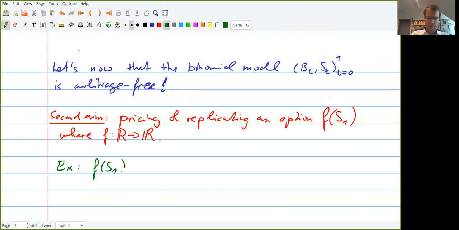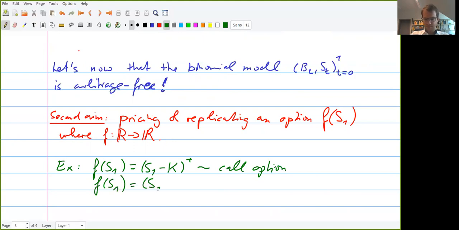Standard ones are the call option, or the put option, which we have discussed before. Just so that you have the examples in mind. But here we consider a general option, since the only randomness in the market is coming from S1. All the options look like this.